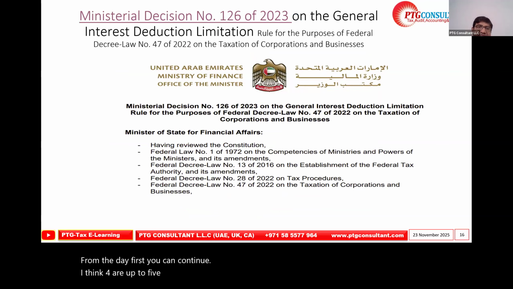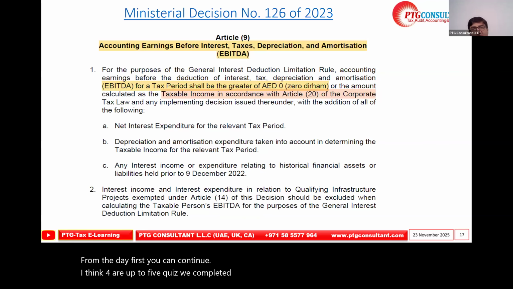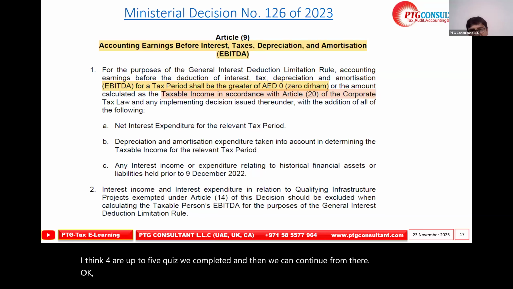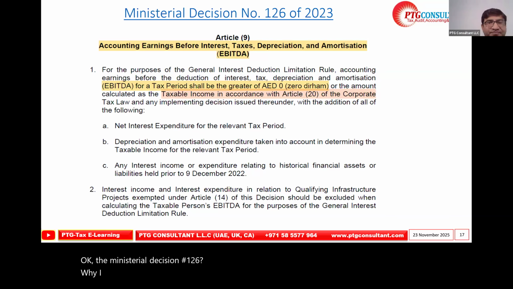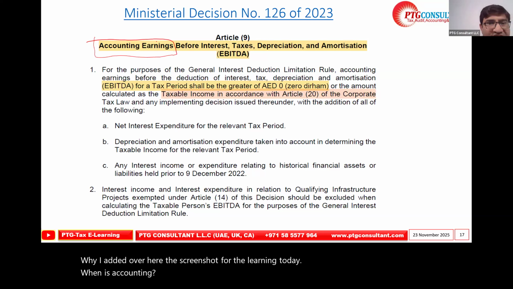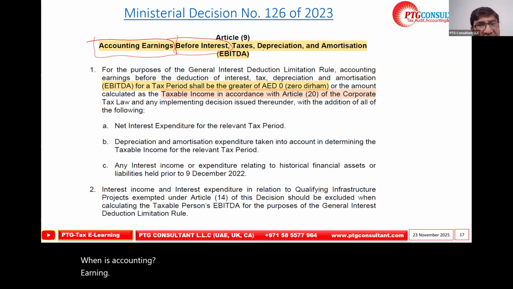Okay, the ministerial decision number 126. Why I added the screenshot over here for our learning today: accounting earnings before interest expense, again the word EBITDA.